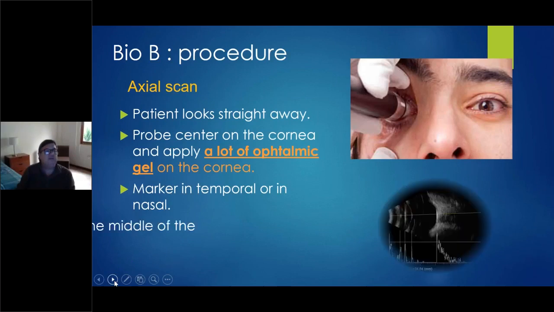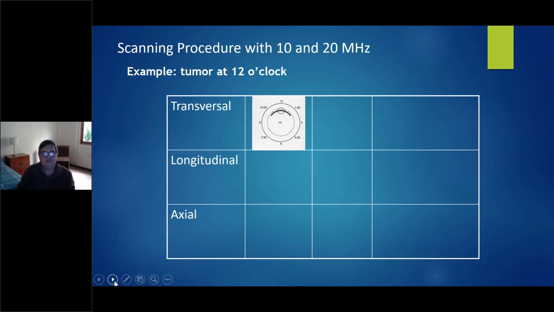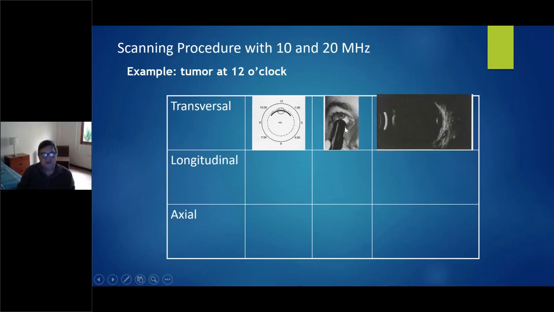Then, if you have a tumor at 12 o'clock, again, transversal. Okay, good. The mark is pointed to the nasal, and then we get here 9 o'clock, at 12 there's a tumor. Good.